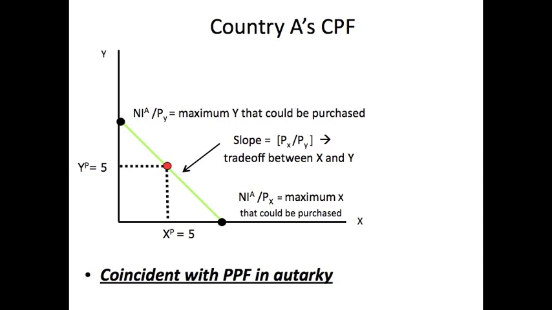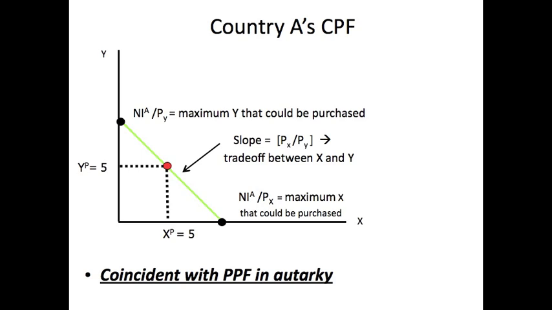A very important point to make is that this national income line is exactly the same as the PPF in autarky in this Ricardian model. What you can afford to consume in autarky is exactly equal to your production possibilities. It's the only place that you can get the goods, from a domestic source.